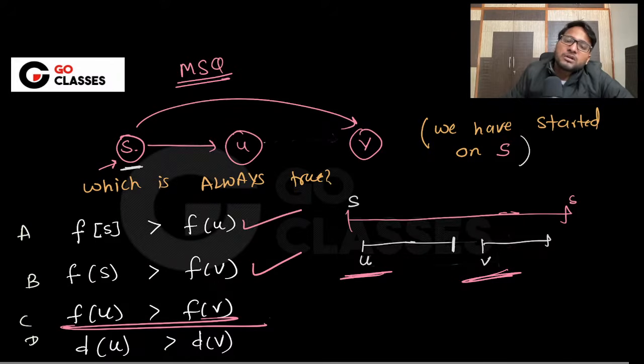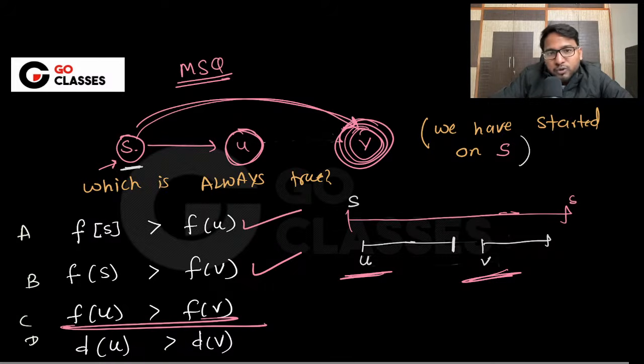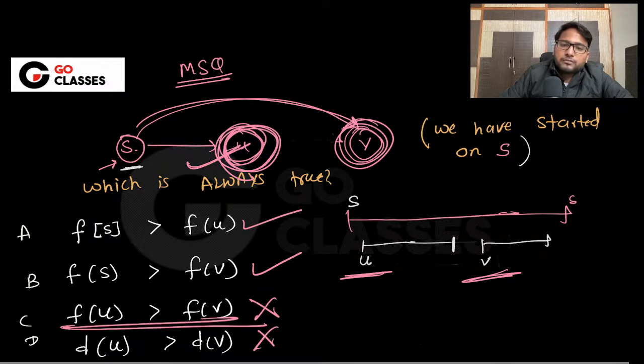You don't know. Maybe U is getting finished first, and maybe V is getting finished first. If you choose to go to V first, then maybe its discovery and finish both come first. And if you choose to go to U first, maybe you start first and finish first too. You don't know, basically. So that's why A and B are true. C and D are not always true. Understood?